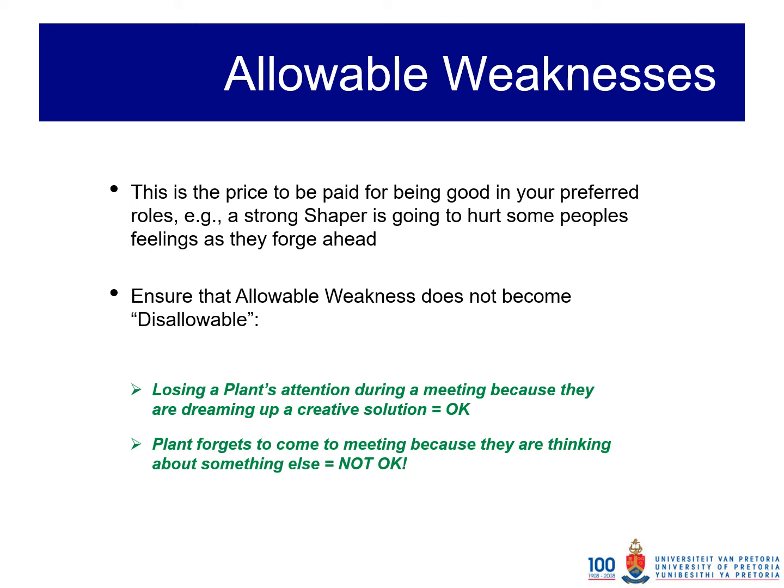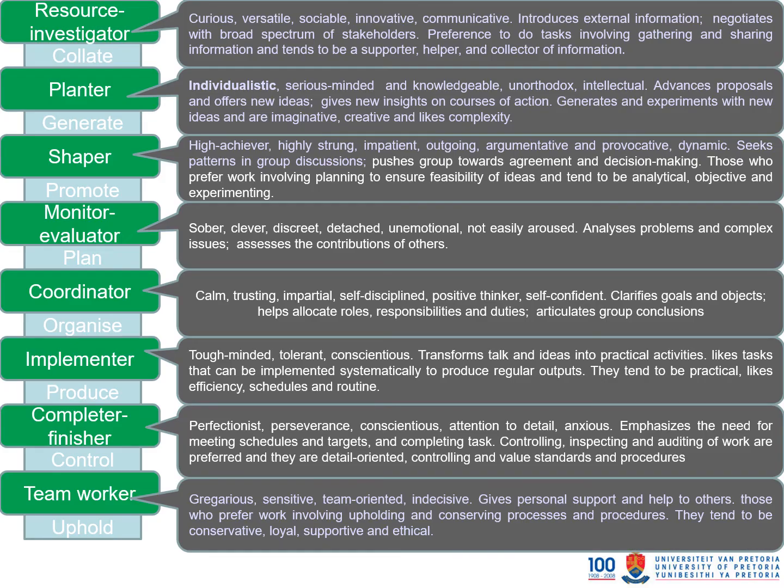Now that can sometimes be okay, because they're thinking about what should be happening, and they are thinking, for example, of creating solutions, and that would be okay. But they cannot be absent-minded, present in the meeting but actually absent because their minds are outside the meeting. That would not really be an allowable weakness.